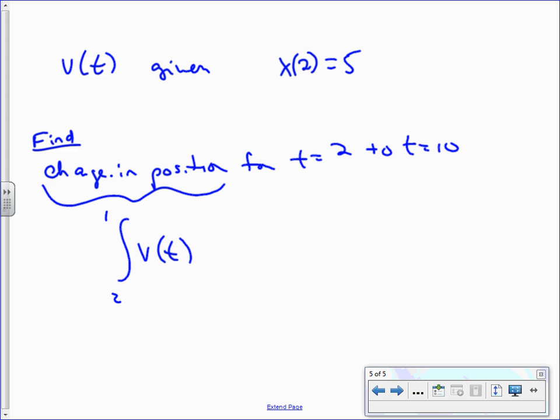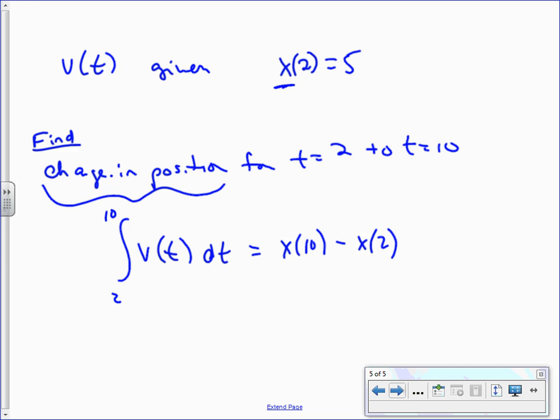From 2 to 10, right? And the antiderivative of velocity is position. It looks like they told us position is called x, so this is going to give us x of t, and we're going to evaluate it from 2 to 10, right? It's kind of nice if you can skip that step. It's not required, and recognize that this is just going to be plug in 10 and plug in 2 into your position function if that's given.